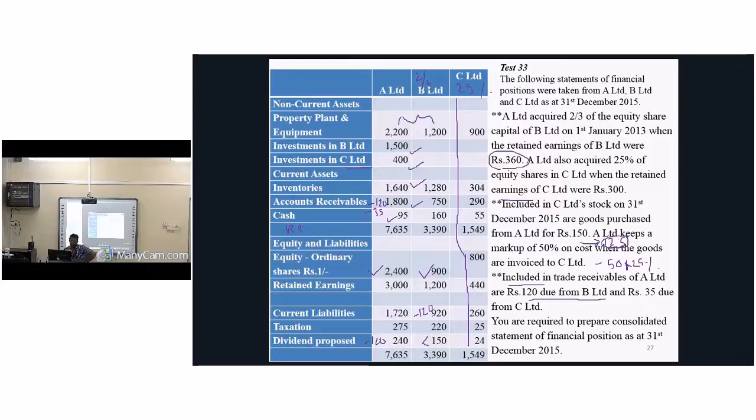Nobody can remember now how to calculate fair value of NCI. I told you, if it is not given, there are different methods.